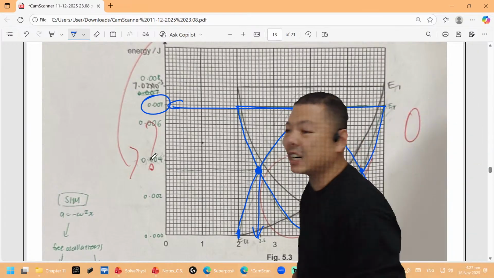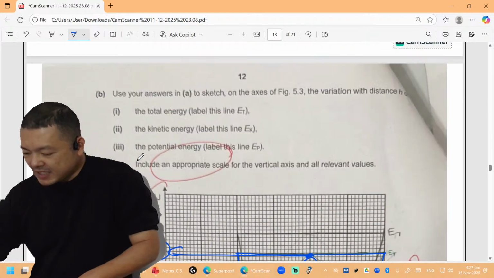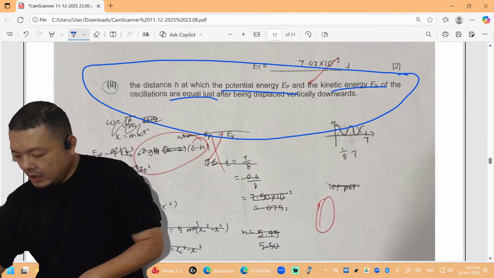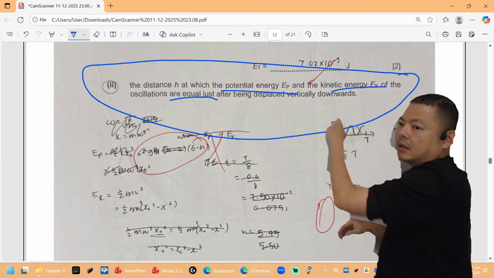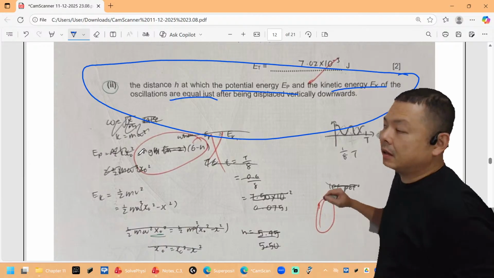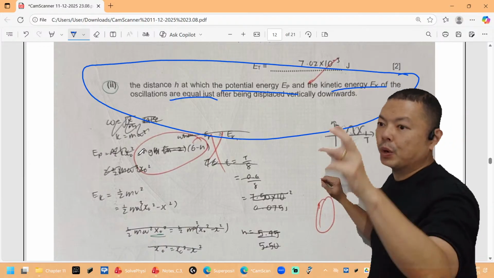The key phrase is "just after". Look at the question: just after being displaced vertically downwards. What if I ask you, just after being displaced vertically upwards?